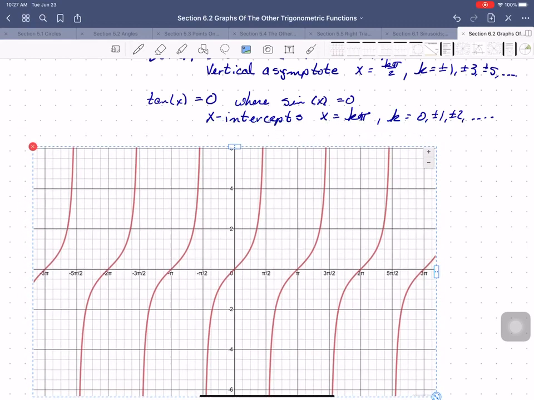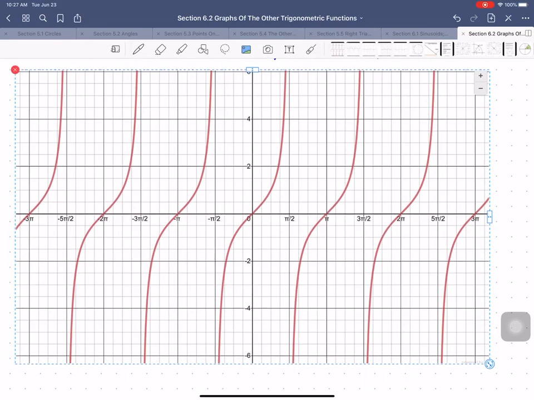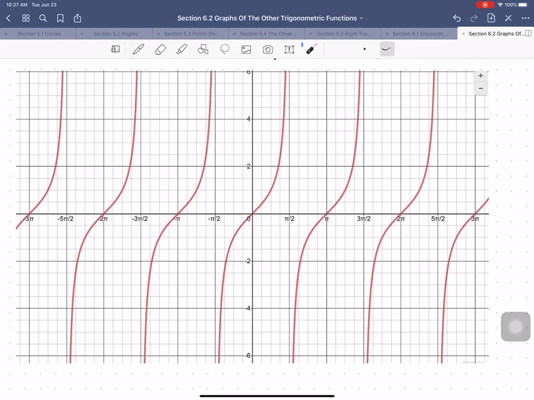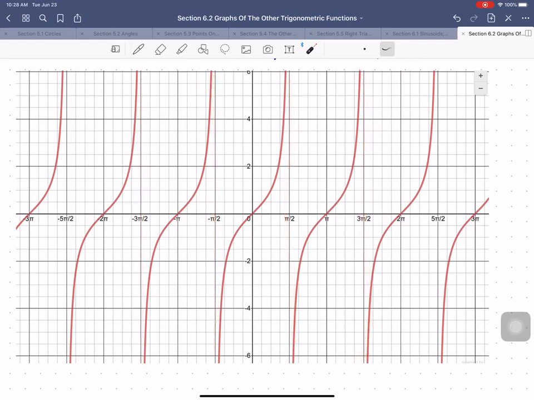And sure enough, we see what we expected to see. At pi over 2 and negative pi over 2 and negative 3 pi over 2 and positive 3 pi over 2, in other words, all the odd multiples of pi over 2, we have vertical asymptotes. Tangent actually shoots off into infinity. And we see that we have x-intercepts at our integer multiples of pi.